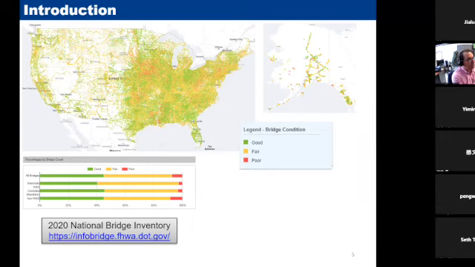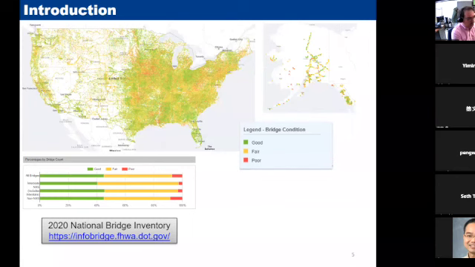Those colored in orange or yellow are in fair condition, and those in red are in poor condition. Approximately 45% of US bridges are in good condition, 48% in fair condition, and only 7% are in poor condition. So far, so good. There's no issue there.